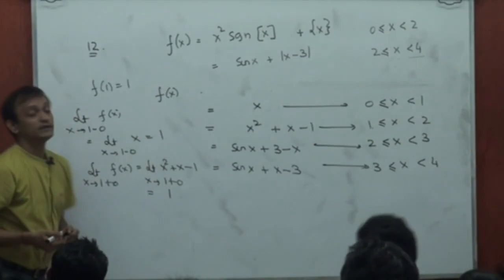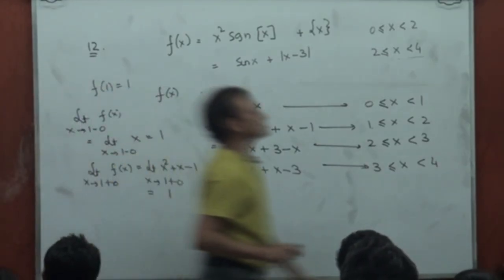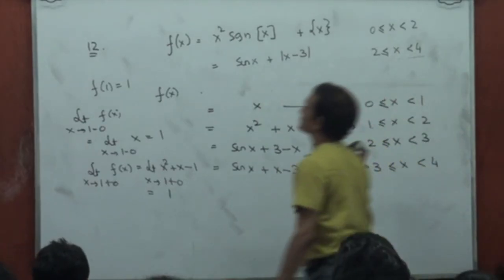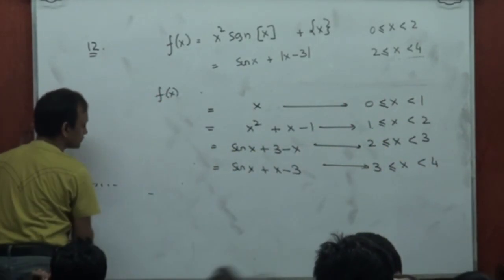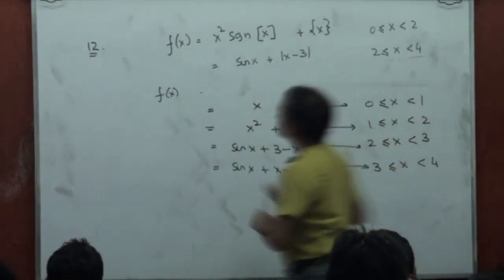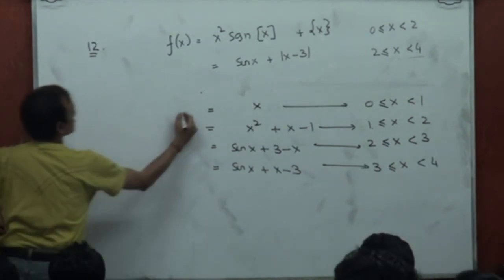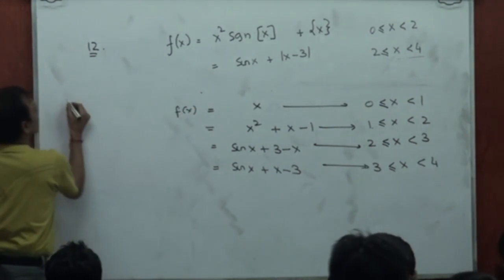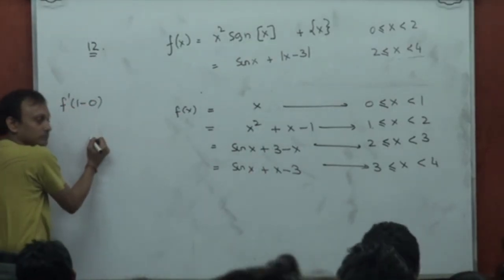Let's look at the differentiability of the function at x equal to 1. F dashed 1 minus 0. The left hand derivative at x equal to 1 is going to be what?